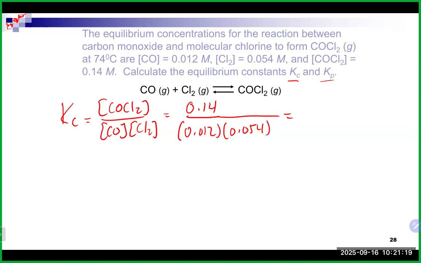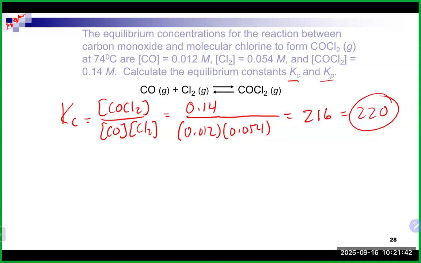So if we slap all that into our calculator carefully here, 0.14 divided by 0.012 times 0.054, get about 216 on that. Heck, if you're still looking at sig figs at this point, maybe a 220, right? That would be our Kc value in this case.